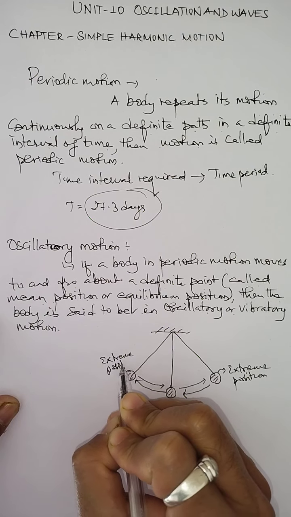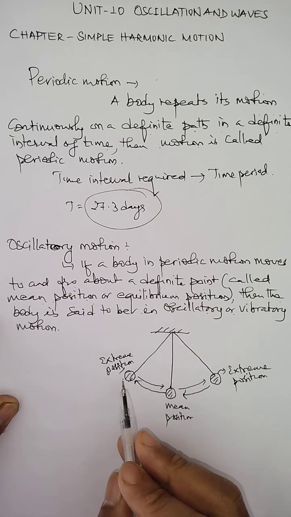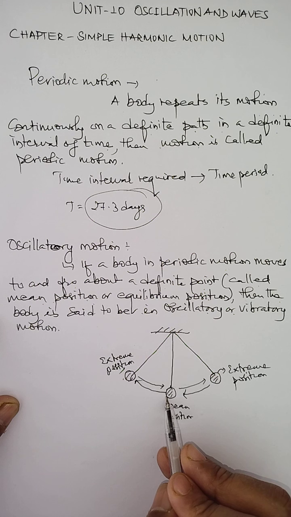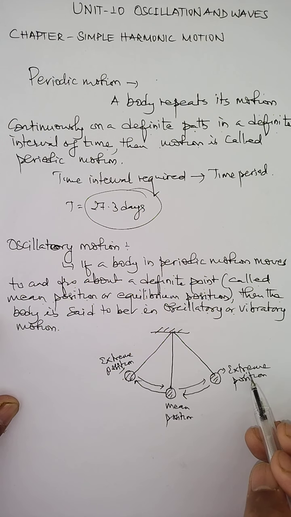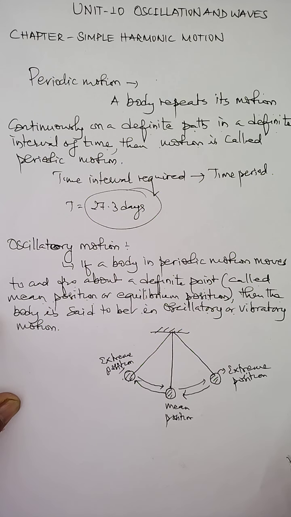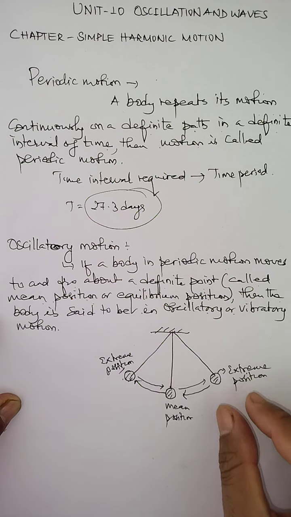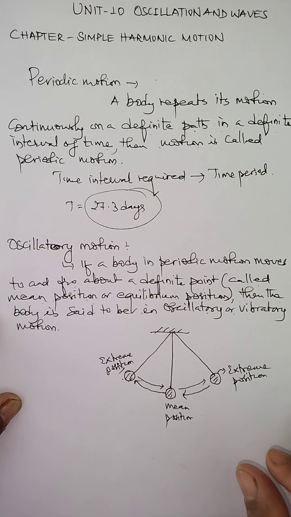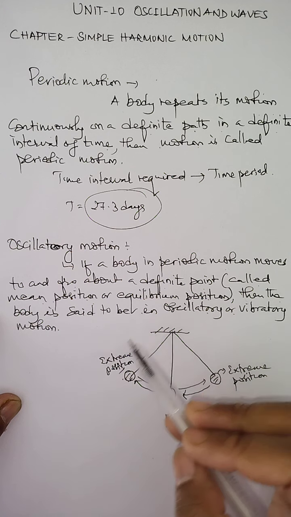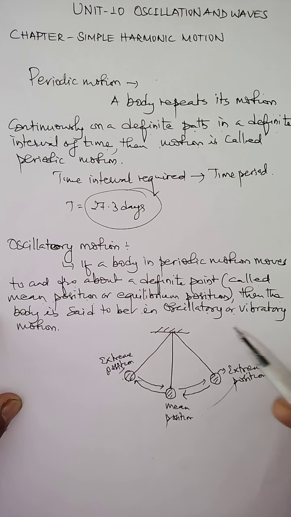That means if a body is displaced from the mean position to one extreme position, that body is also displaced to the same extreme position on the other side. That means this motion always remains confined within a definite limit. So this limit is called the extreme position on either side from the mean position. That's why I told you the example of oscillatory motion is the motion of the pendulum.